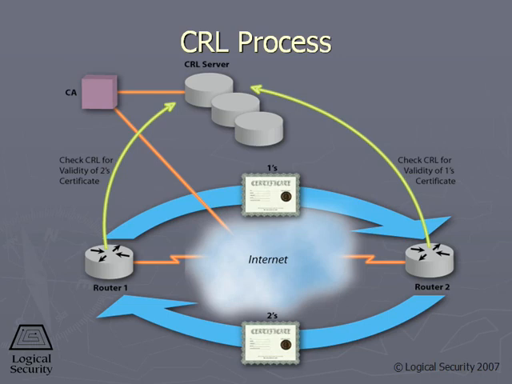So we've kind of had a hard time with that in the industry, but there are solutions, and it's easier to control and ensure that systems go and check a CRL when it's internal versus out on the web.